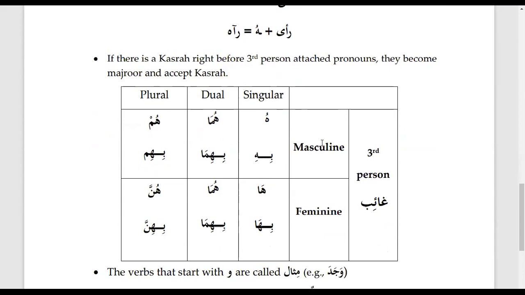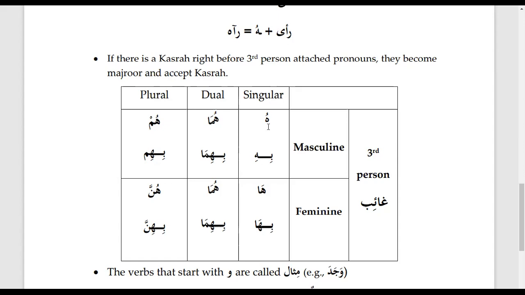Okay, third person pronouns. You remember that the attached pronouns for the third person are hu, huma, hum, right? And for the feminine, they are ha, huma, hunna. If we have a kasra before these third person attached pronouns, then they also accept kasra and they become majroor.